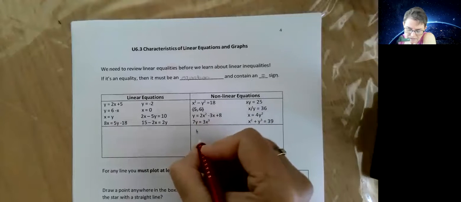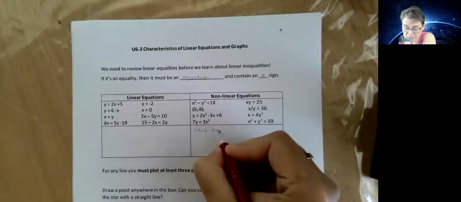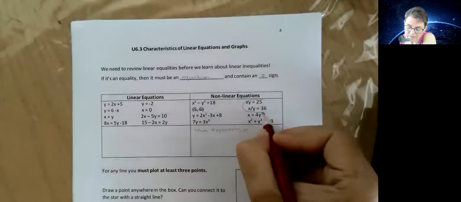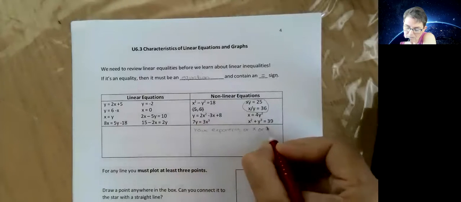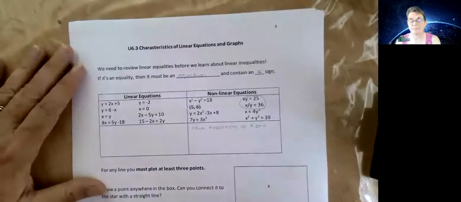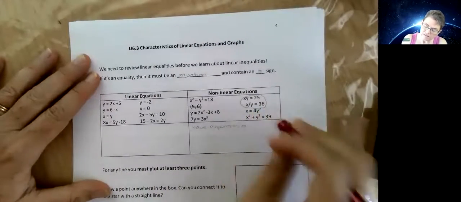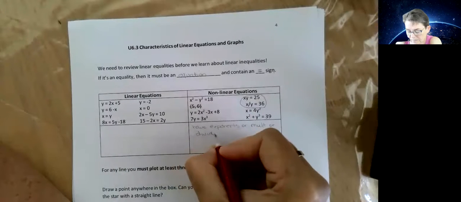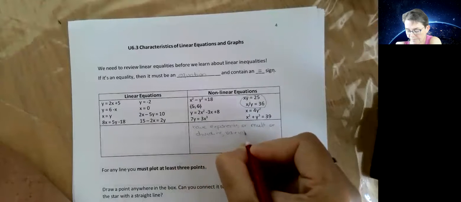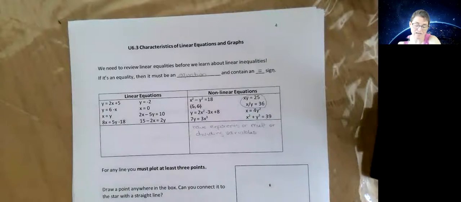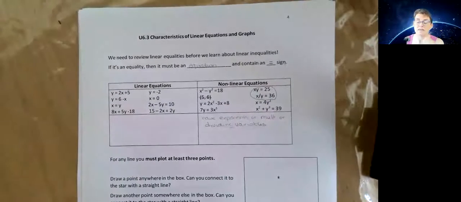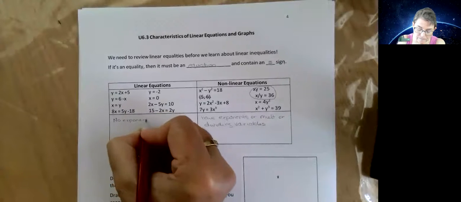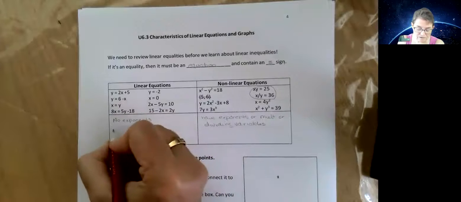So nonlinear equations have exponents, or multiplying or dividing variables, which is going to look like an X. The key thing over here, because this is the stuff we care about, linear equations, is that they don't have any powers, no exponents. And they've usually got at least one variable.